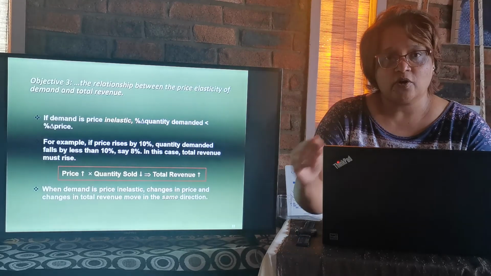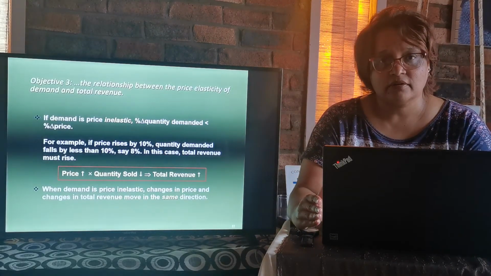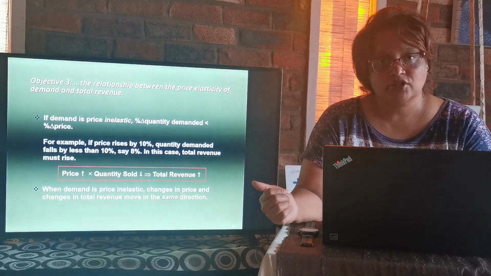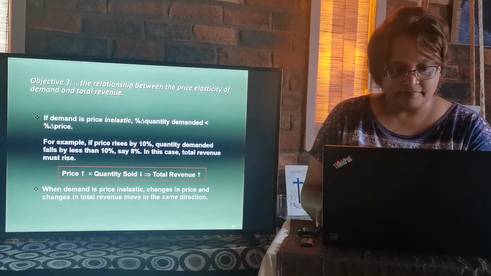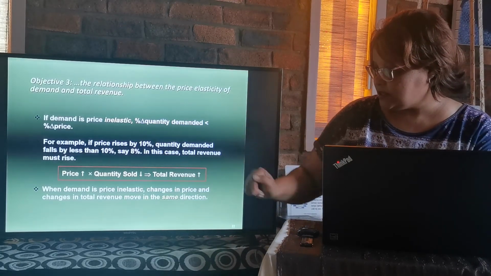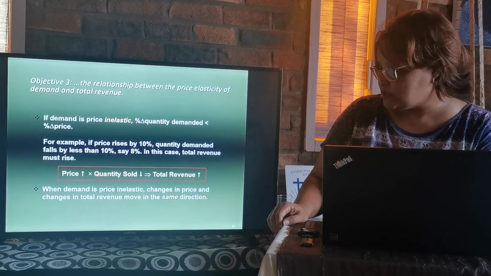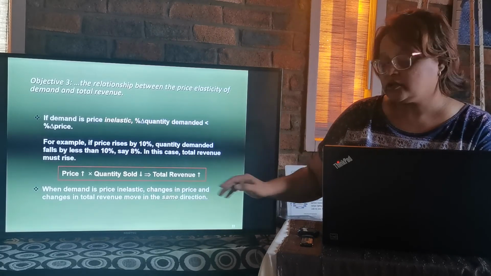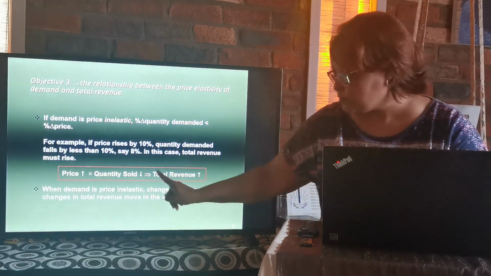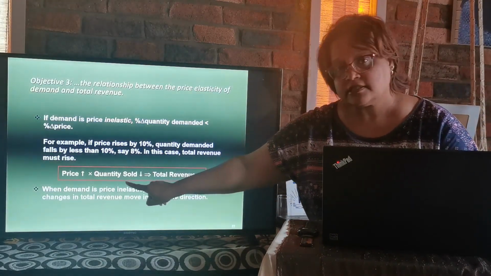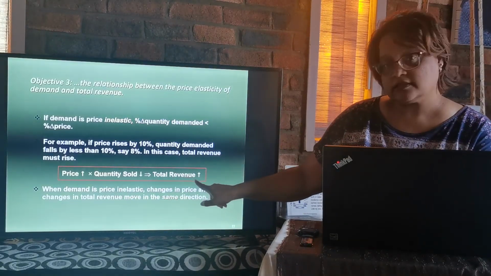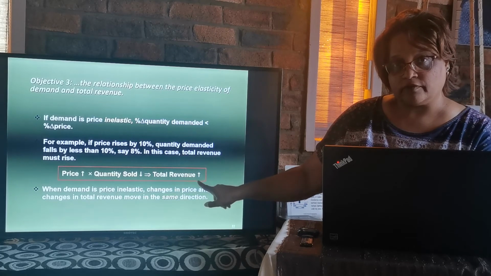The demand will not change. It will not react to any price changes. So, in the bottom block, a price increase times the quantity sold means the total revenue will also increase. Irrespective of how many is sold here, a price increase will increase the total revenue.